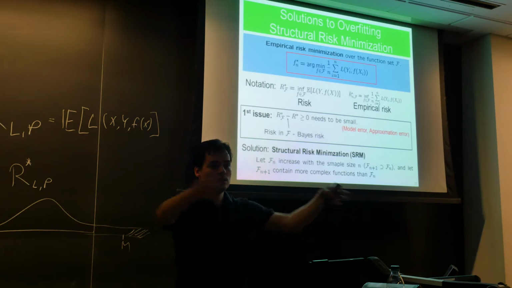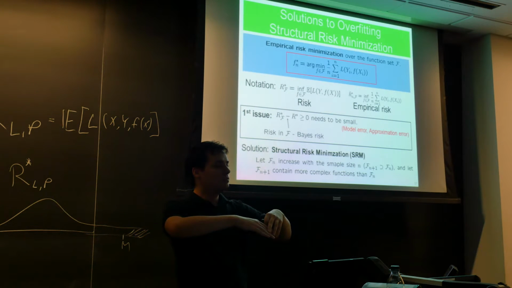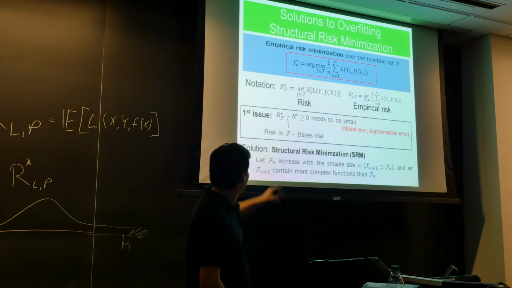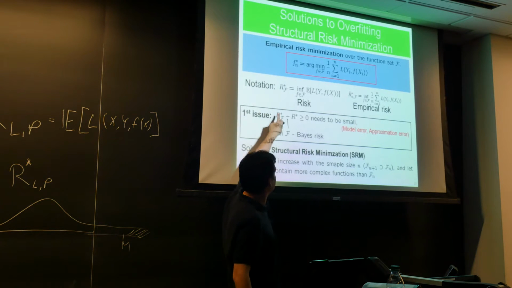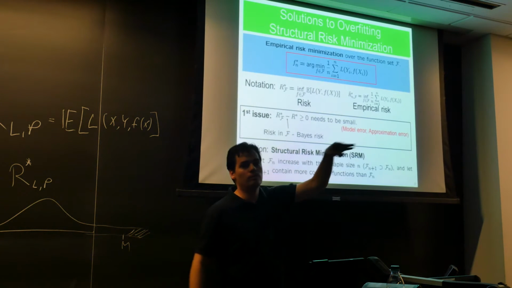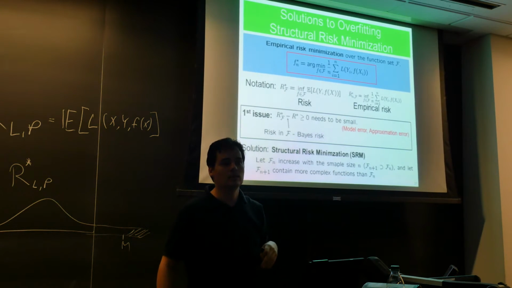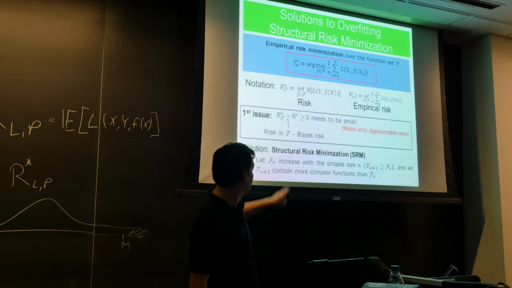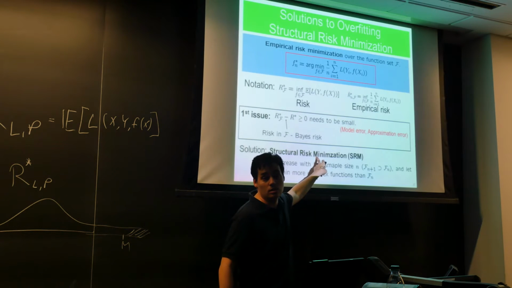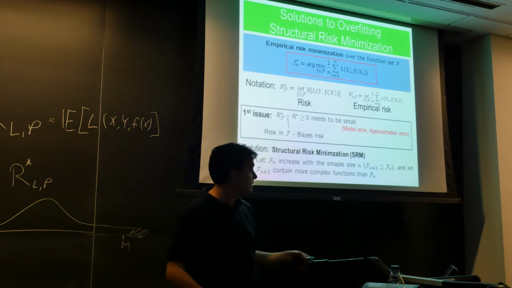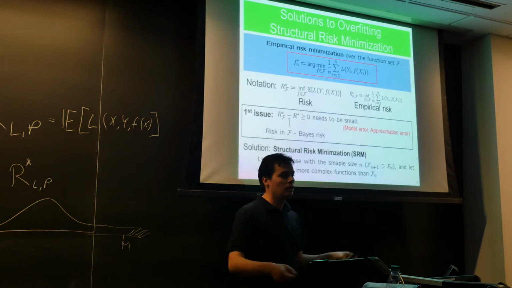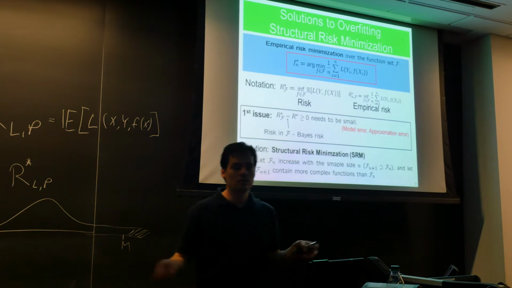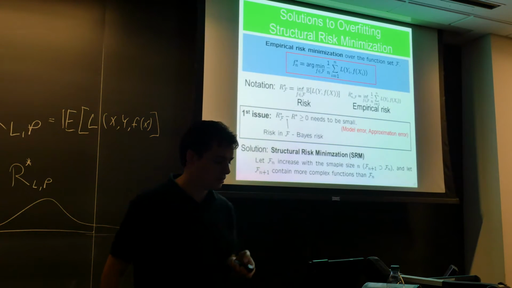Because you increase the size of the function class, the risk in this function class would converge to the Bayes risk. And that's called structural risk minimization. And there's a huge literature on this, on how you need to consider larger and larger function classes.